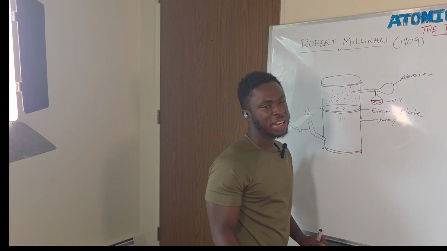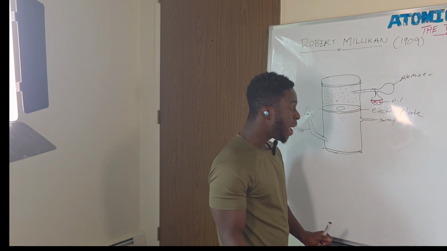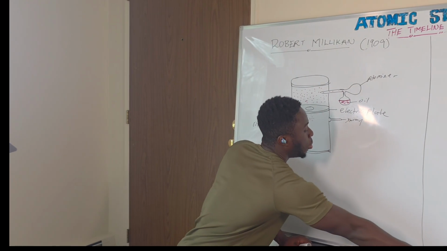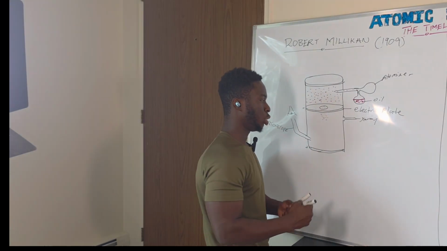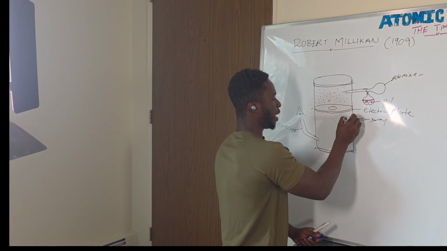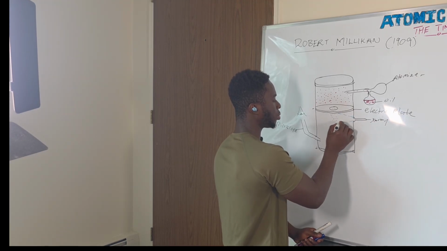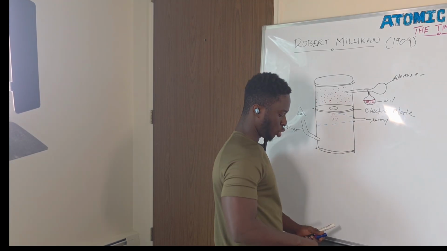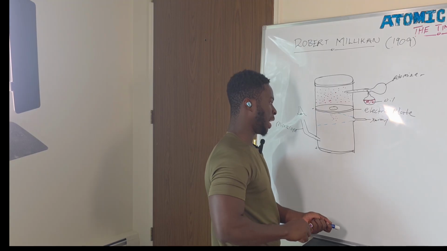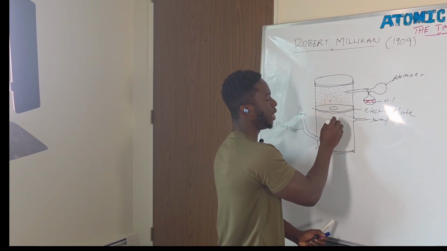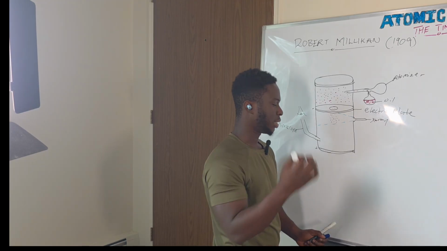But the charge that they were getting may or may not be enough, or maybe more than what is expected. So that was why he had the X-rays here. What the X-rays did was that once the particles get here, if the charges need to be manipulated, the X-rays carry charges.